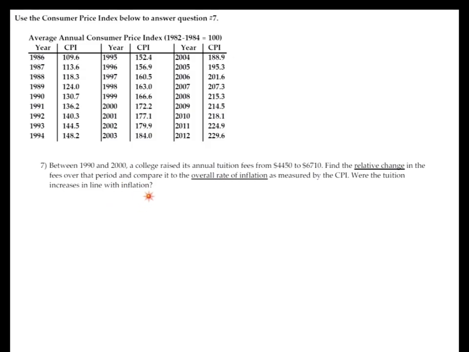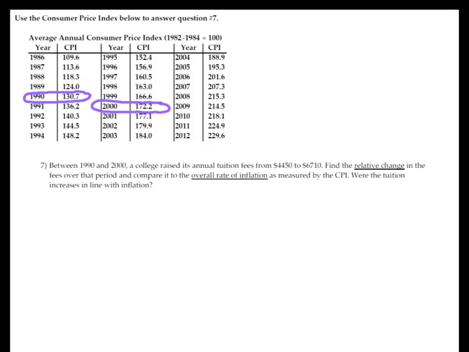Okay, so this is a two-part problem. We're looking at 1990 and 2000. So it's important to correctly identify the correct consumer price indexes for the following years. So we have 1990 with a CPI of 130.7, and in 2000 we have a CPI of 172.2.